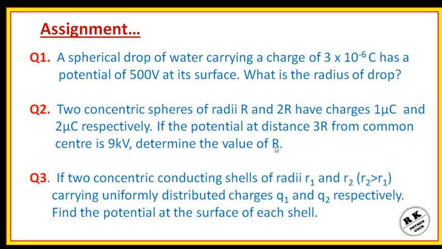Next question: two concentric conducting shells of radii R1 and R2, where R2 is greater than R1, carrying uniformly distributed charges Q1 and Q2 respectively. Find the potential at the surface of each shell.